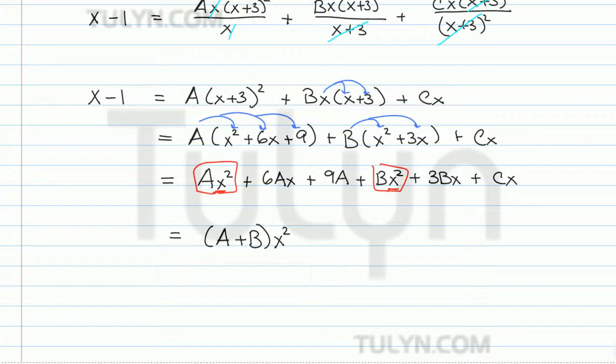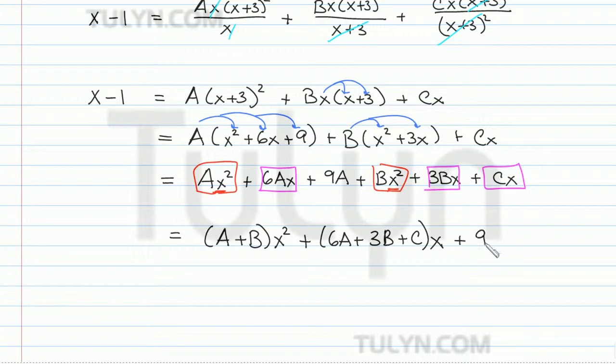And now I want to do the same thing with the x's. So we have 6Ax, 3Bx, and Cx. And when I factor out an x, what I end up getting is 6A plus 3B plus C, all times x. And then finally we have a constant term here, which we'll just write at the end. And now notice that these two expressions are supposed to be equal.